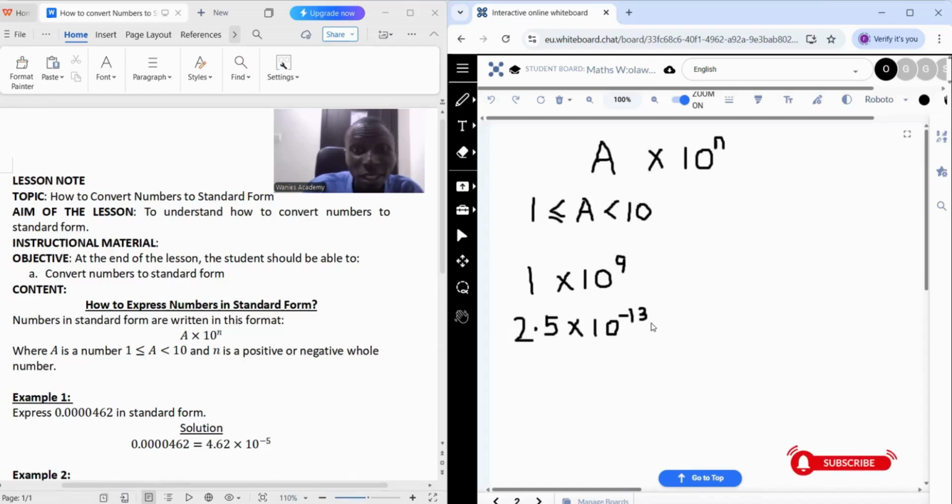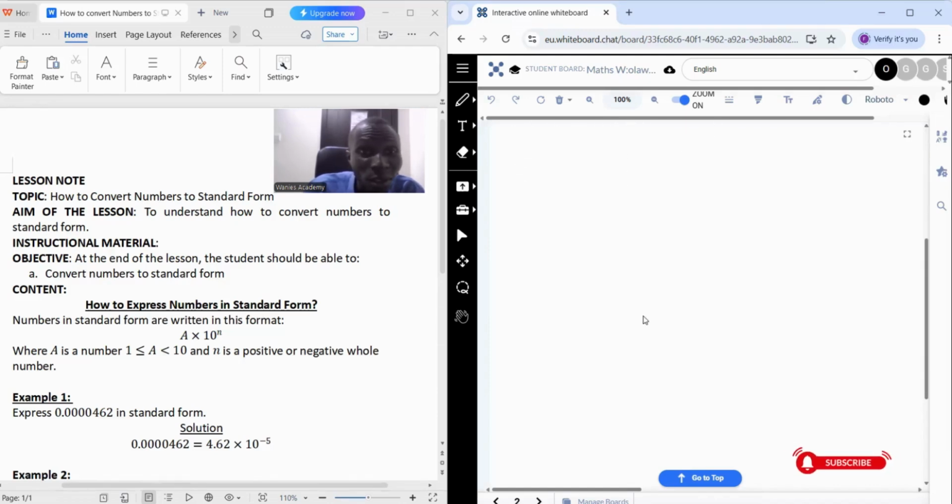Now let's look at examples on how to write numbers in standard form. We have the first example here. Here we have to express 0.000462.